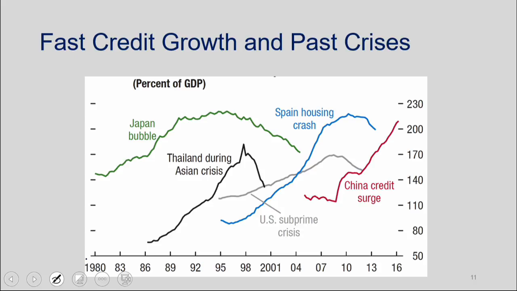For example, the IMF has all this data on macroeconomic vulnerability analysis. They look at 15, 20, 30 variables, and it's something that all governments and countries do as well.